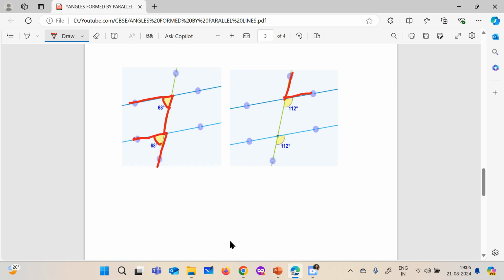In this one, see this L shape and this L shape, and these two angles are on the same side of the transversal line. So these are another pair of corresponding angles. I hope this is clear to everyone. The most important thing you must remember is corresponding angles are always equal.